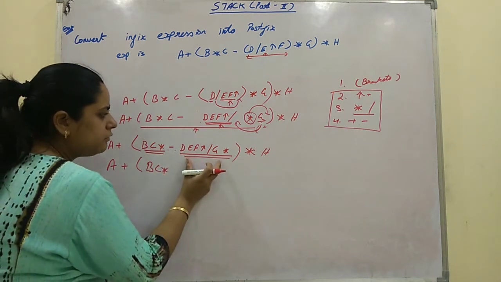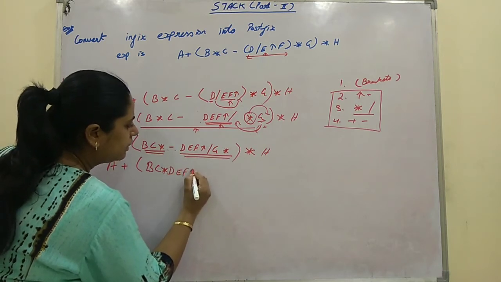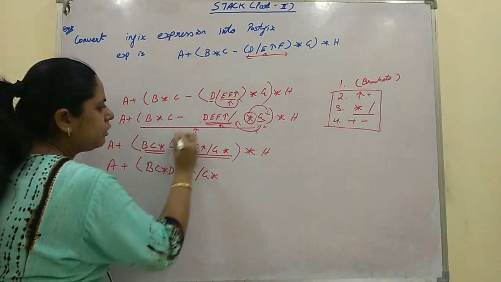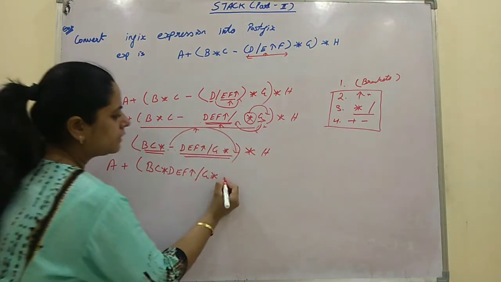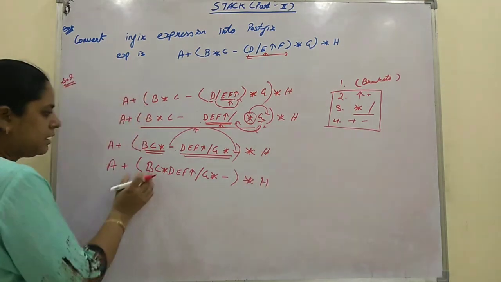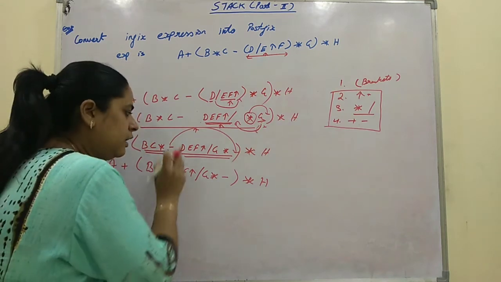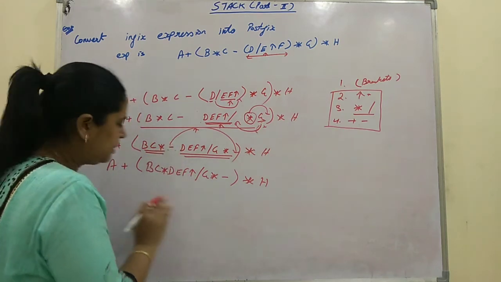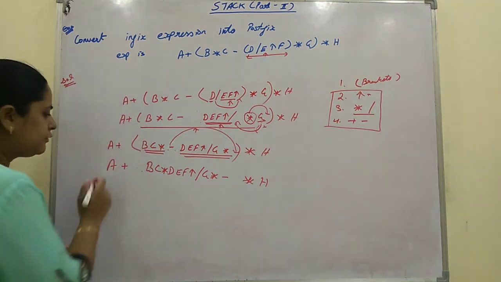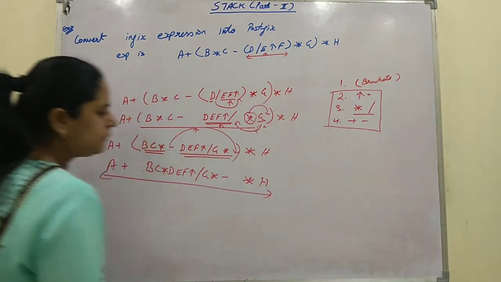Then we will write the second operand D E F exponent slash G asterisk, and this operator will move here. Asterisk H. Is any other operator left? No. We solved each and every operator. That means we will remove this bracket. Now no bracket is left. That means we will solve this whole expression.